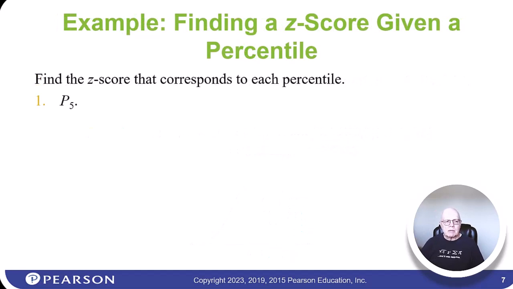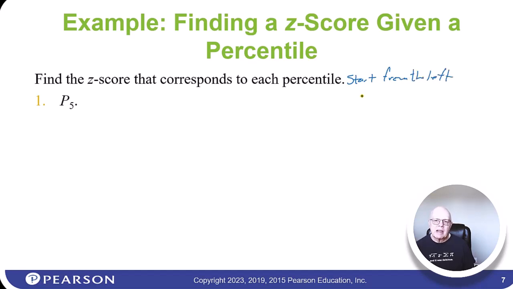Let's try another one. Well, this looks weird, doesn't it? Well, we've talked about percentiles in the past. The one thing to remember is the percentiles, again, start from the left.